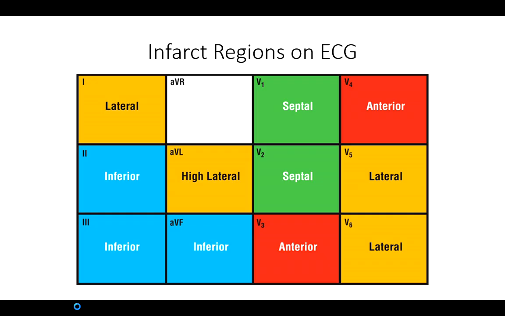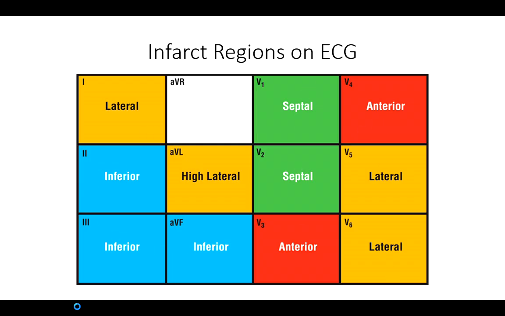Now, some people call this "LISAL". They use this term to remember L for lateral, I for inferior, LI, LISAL, S, A, V3, V4, L. So I'd say LISAL. This is my L, I, S, A, L.